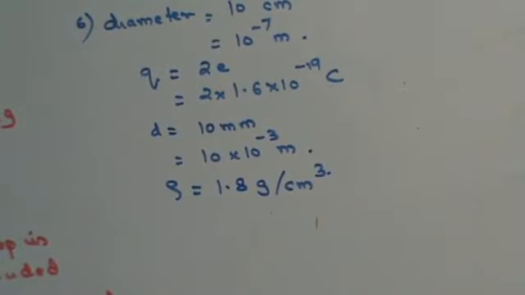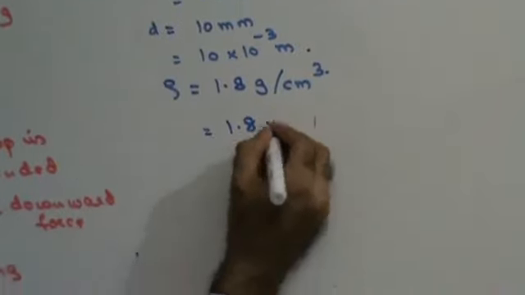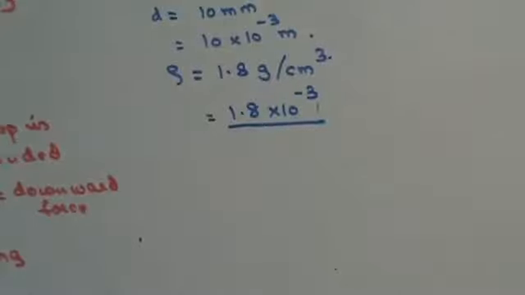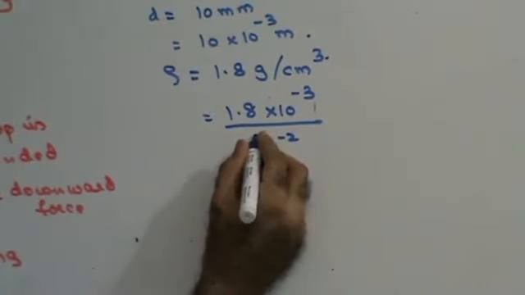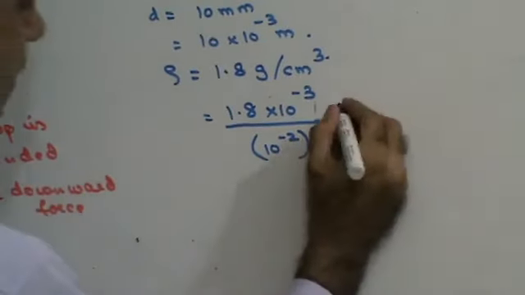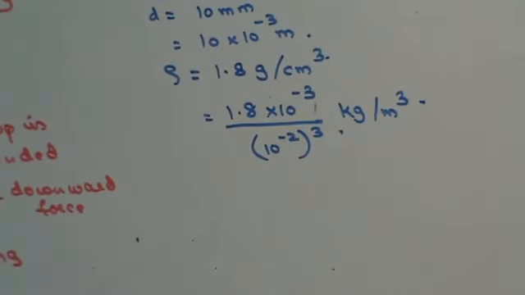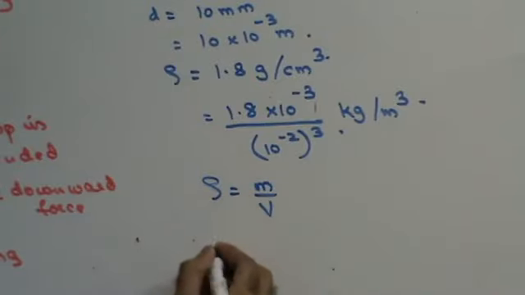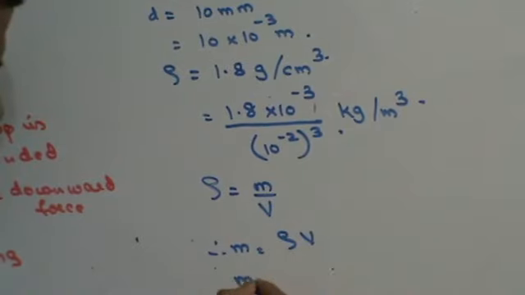Now first of all, let's convert this. 1.8, since I am converting from grams to kilograms, I multiply by 10 raised to minus 3. Since I am converting from centimeter to meter, I will multiply by 10 raised to minus 2. Since it is cube, this will be cube. This will give you density in kgs per meter cube. Density is equal to mass upon volume, therefore mass is equal to density into volume.